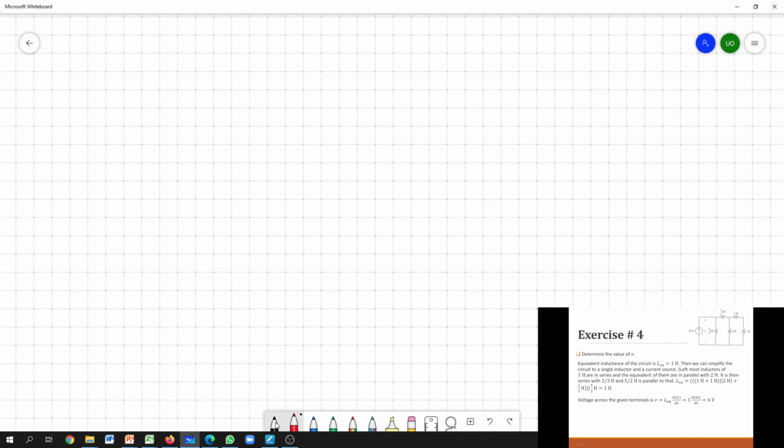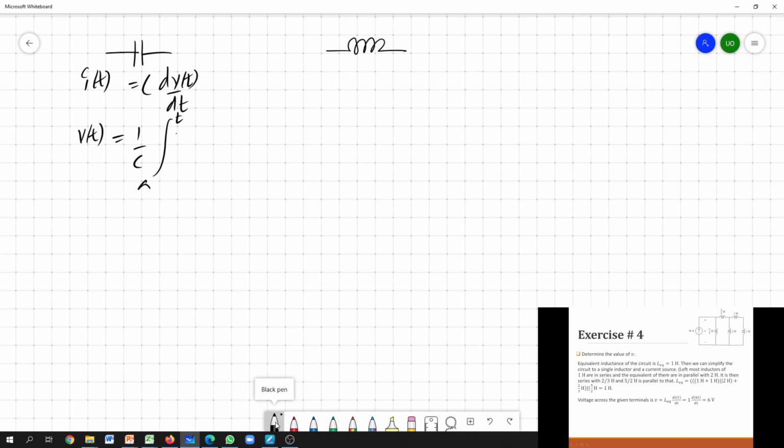During this discussion, we can summarize these two. This is the capacitor, and this is the inductor. For the capacitor, the induced current across the capacitor is equal to C times the derivative of the voltage, and voltage can be easily found from this: the integral from t0 to t of i(tau) d tau plus V0.